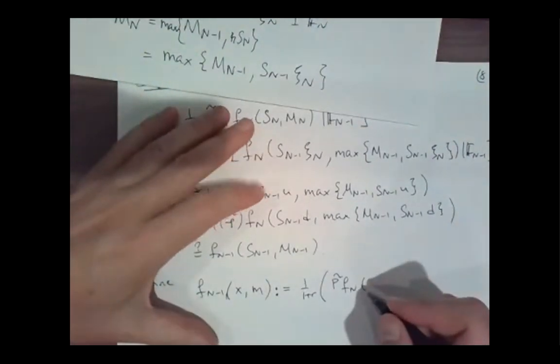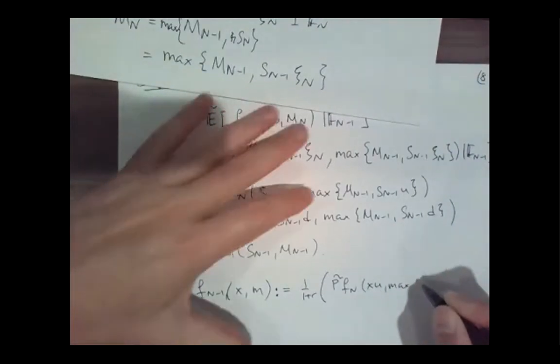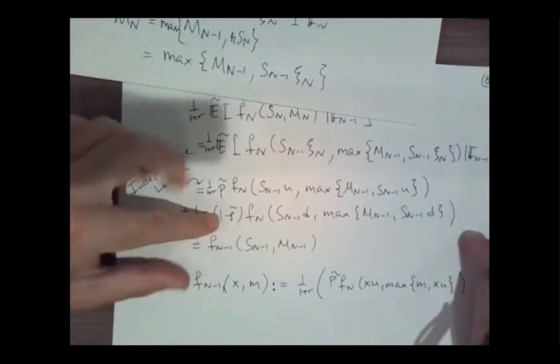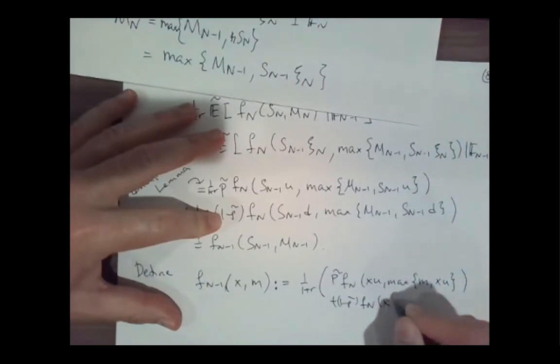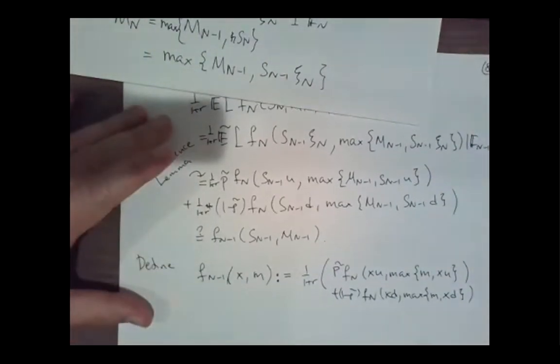And then instead of Sn minus 1, we put an x, we put a u, put a max, put an m, put x, u. That was the first part. And the second, 1 minus p tilde, Fn x d, and then we put the max, m x d. That was how we created the second to last function.